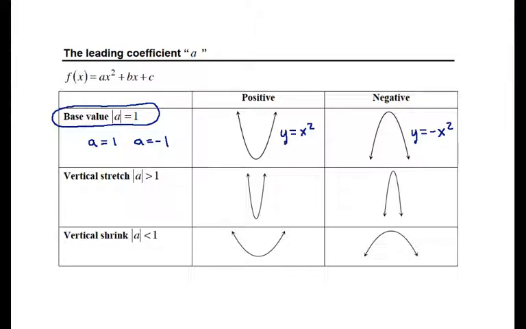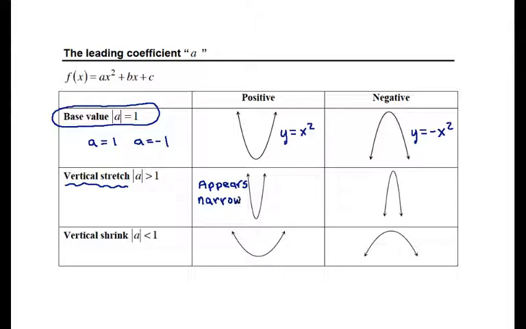If we have a leading coefficient that is in overall magnitude greater than 1, then we have what we'd call a vertical stretch. And in the case of a parabola, the graph appears more narrow if it is stretched vertically.